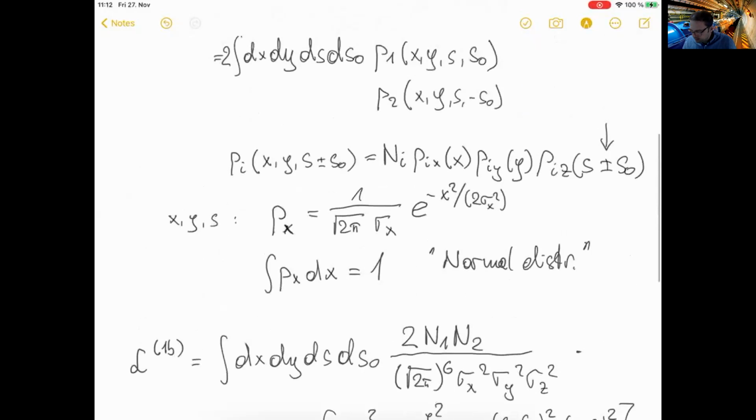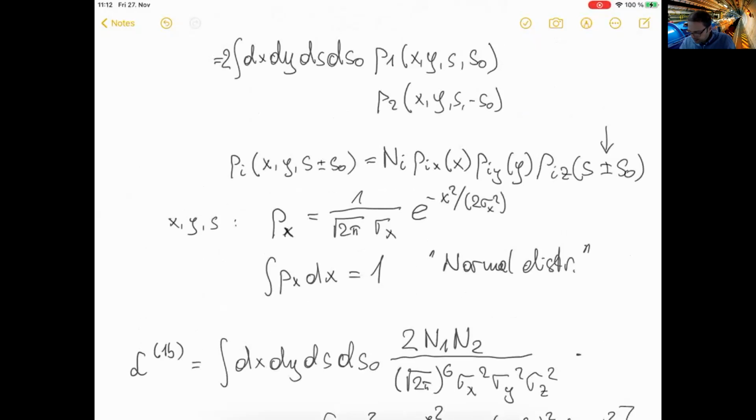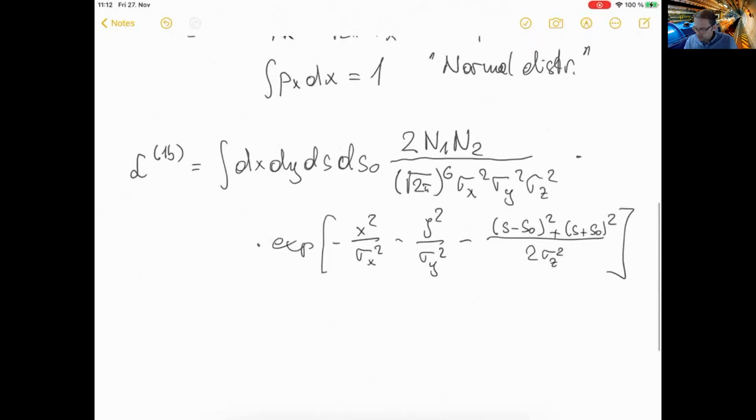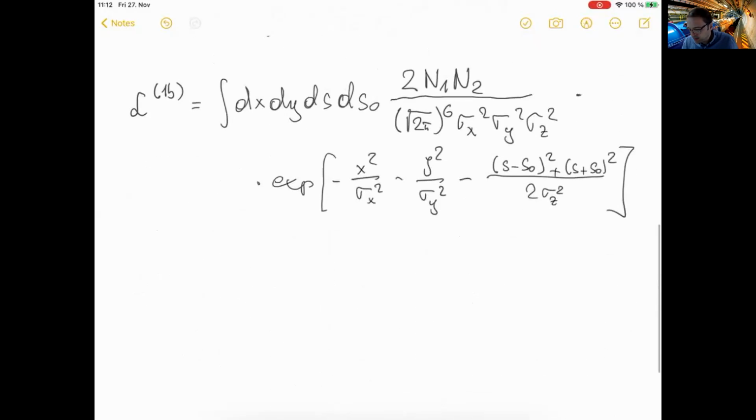Remember, there is a factor of 2 in the denominator in the exponent of the normal distribution, because I have assumed that both bunches have the same width in the x and the y direction. There is a factor of 2 here that cancels this. So we have to compute this integral now.